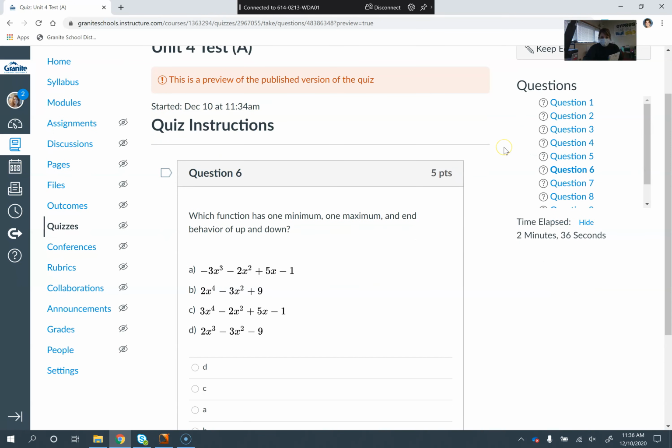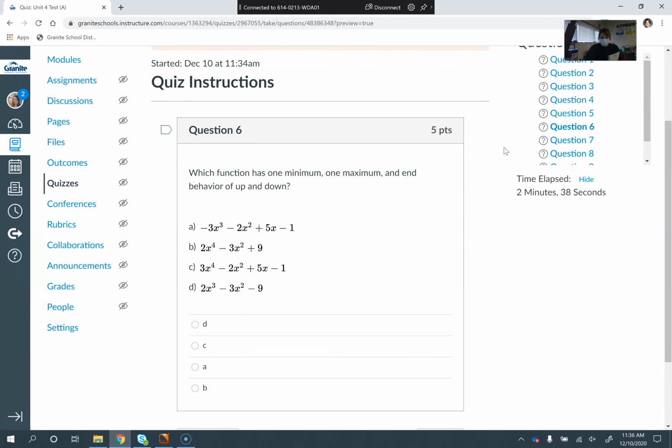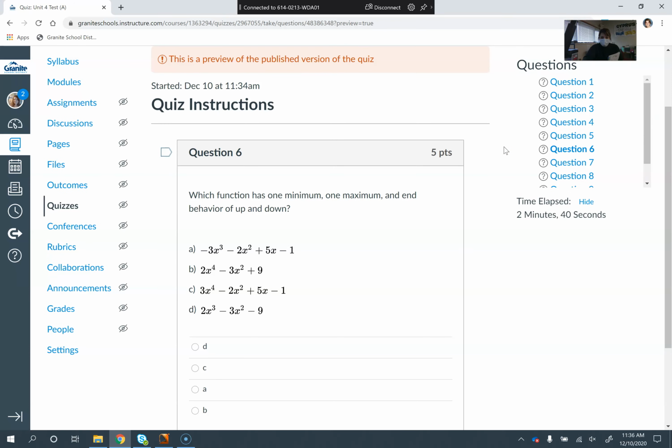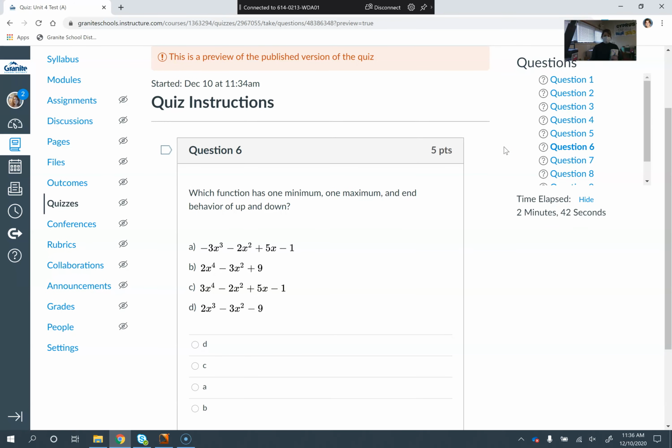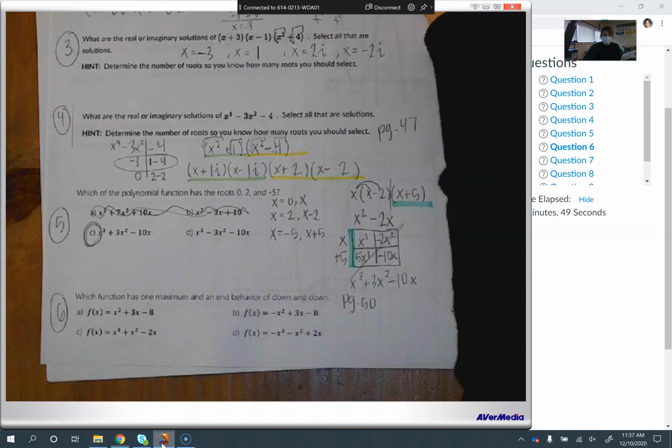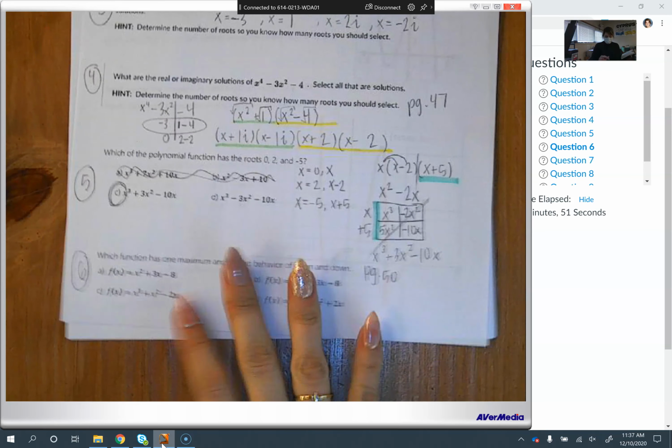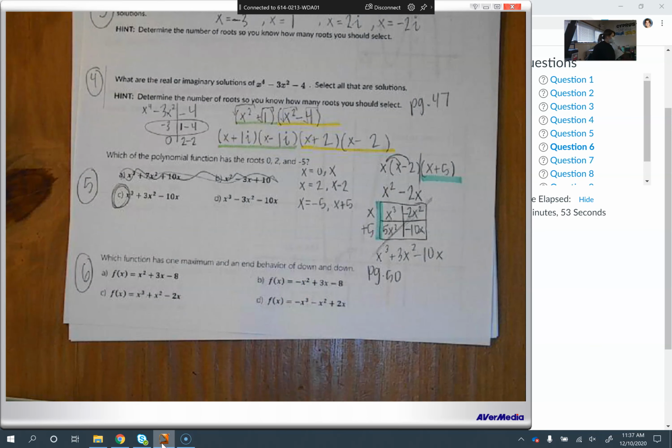I'll just walk around on this one so that I know how much time we need. So you're plugging those into Desmos. You're identifying whatever your Canvas one says. I think it's one max, one min, and then what's your end behavior?